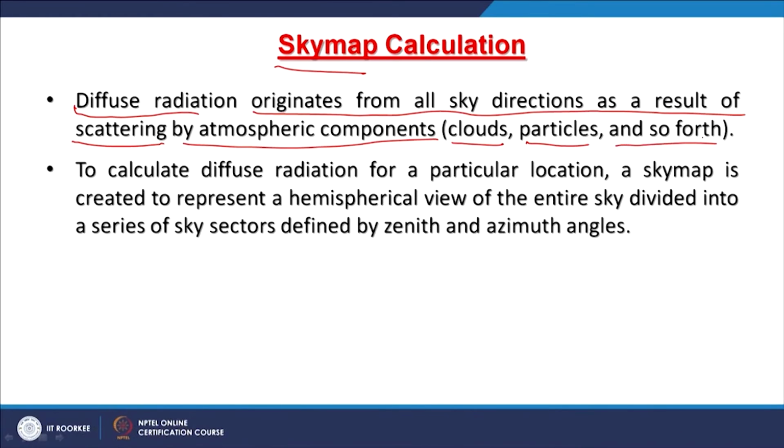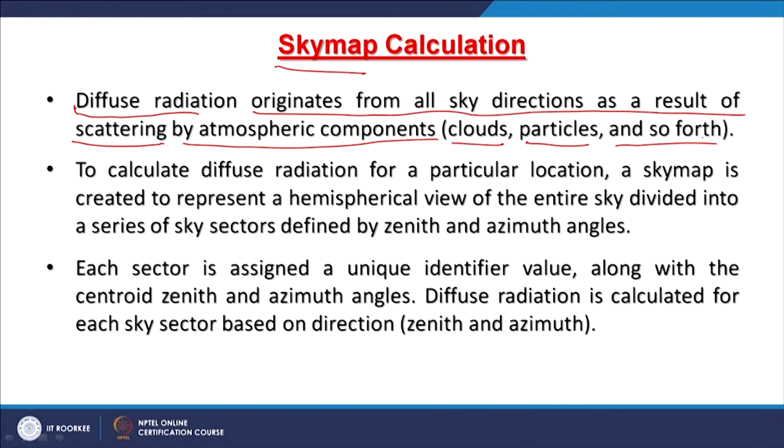So for the calculation of diffuse radiation for a particular location, a sky map is created, and a sky map is nothing but the upward looking viewshed to represent a hemispherical view of the entire sky divided into a series of sky sectors defined by zenith and azimuth angles, and that you will see. Each sector is assigned a unique identifier value along with the centroid, zenith and azimuth. And diffuse radiation is calculated for it.